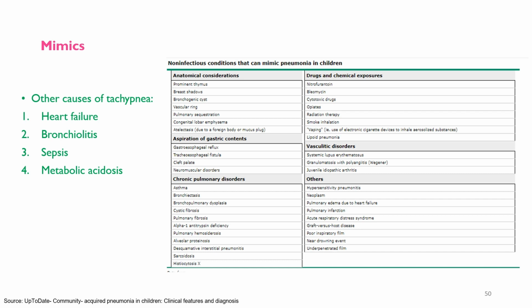As long as you have identified who the sick child is, decided whether he needs antibiotics or not, you are within the safe umbrella. Sepsis and metabolic acidosis, you need to have a good history and physical examination, and a holistic view of the patient to be able to catch all of these different kinds of mimics for pneumonia.